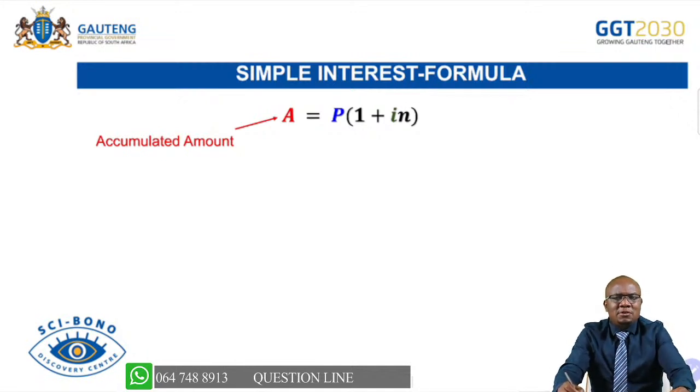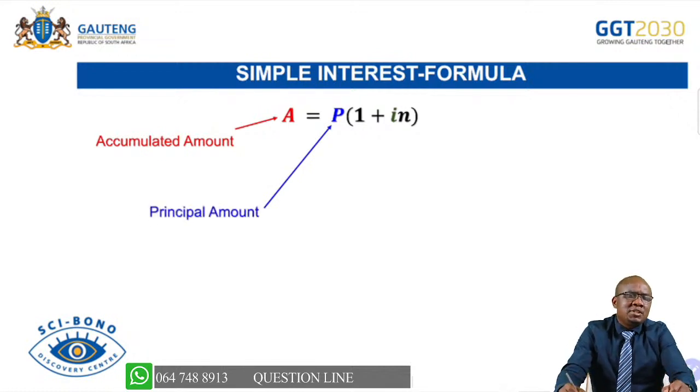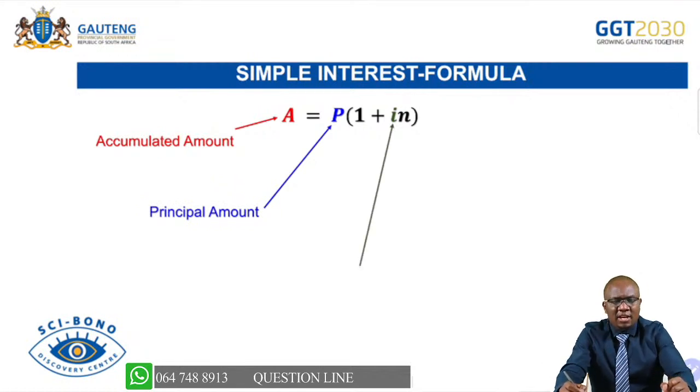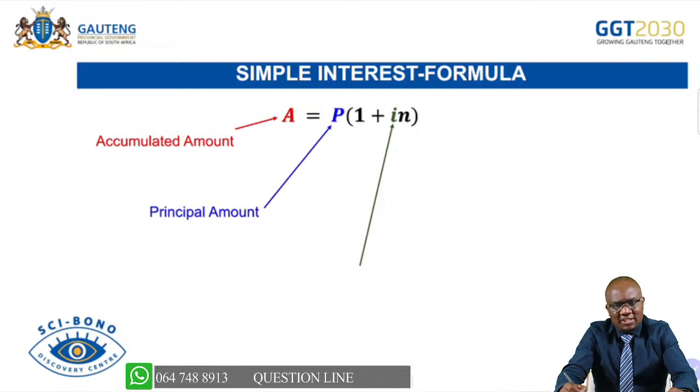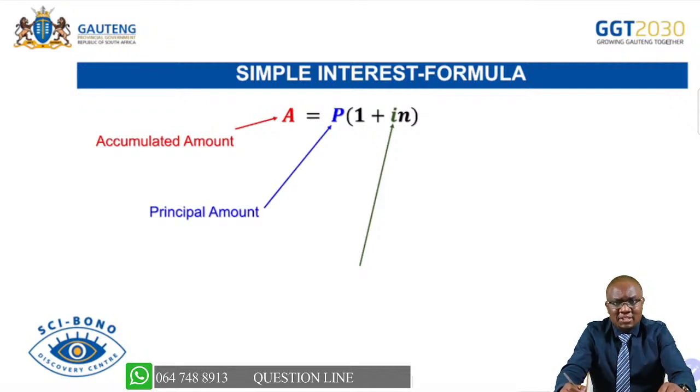Then P, what do you think P is? This is the principal amount, the original amount. In the example that we talked about, it was the 5,000. P is constant, it does not change. I, what do you think I is? I is the interest rate. I'm going to explain the difference between interest and interest rate very soon.